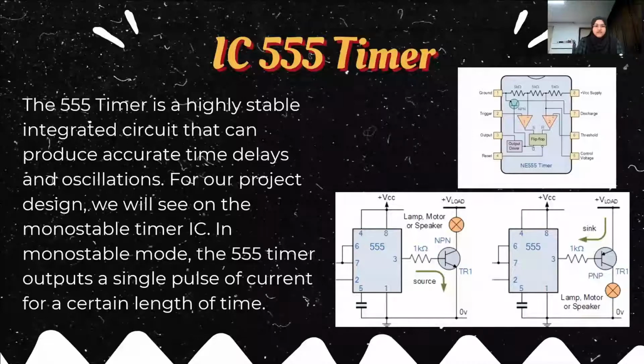The 555 timer is a highly stable integrated circuit that can produce accurate time delays and oscillations. For our project design, we will look at the monostable timer IC. In monostable mode, the 555 timer outputs a single pulse of current for a certain length of time.